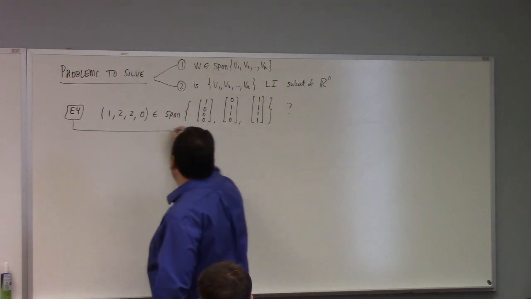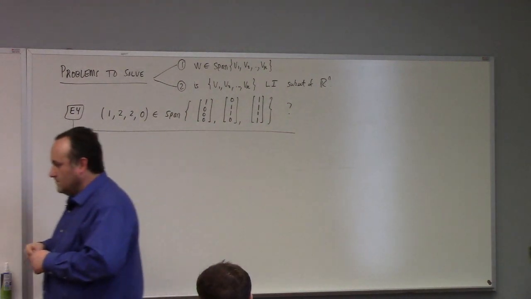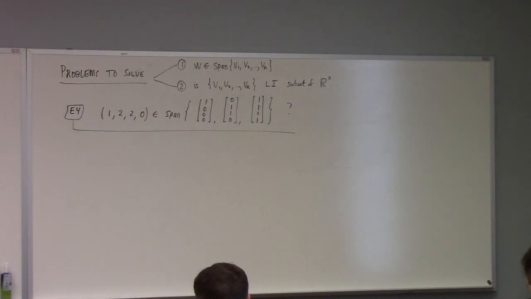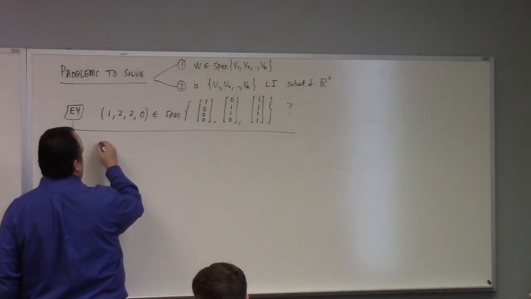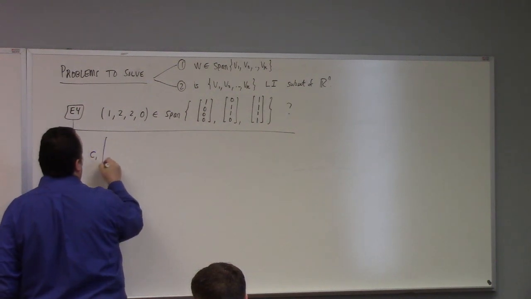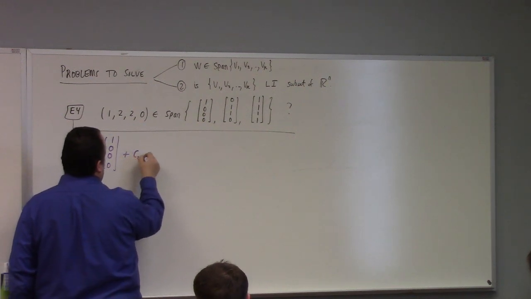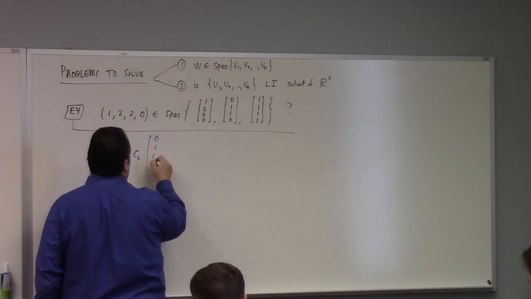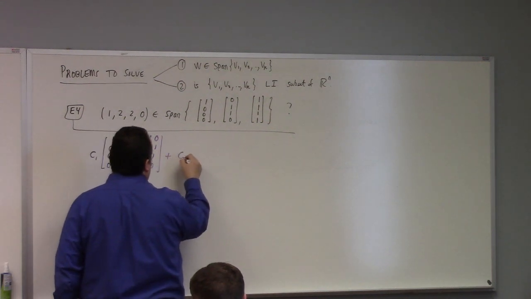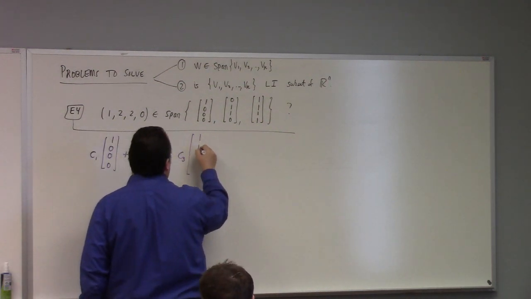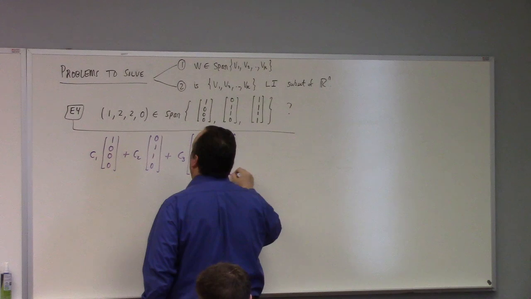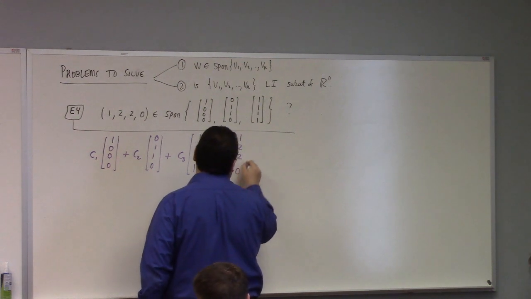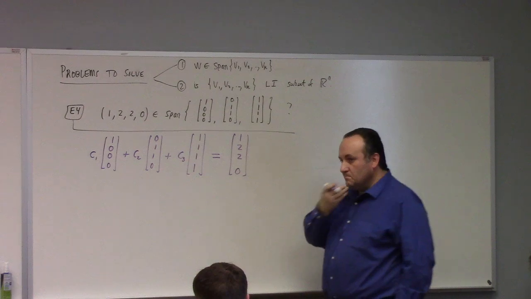So what are we asking? We're asking, can you find c1 times the (1, 0, 0, 0) vector plus c2 times the (0, 1, 1, 0) vector plus c3 times the (1, 1, 1, 1) vector such that we get back (1, 2, 2, 0)? Can we solve this system?